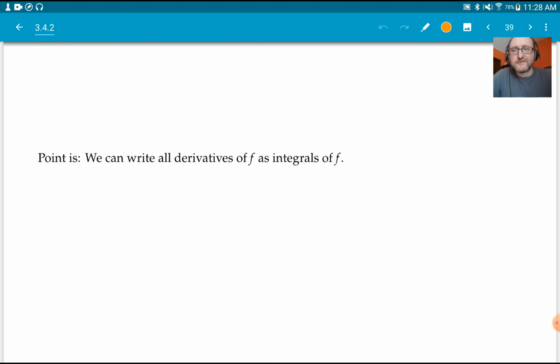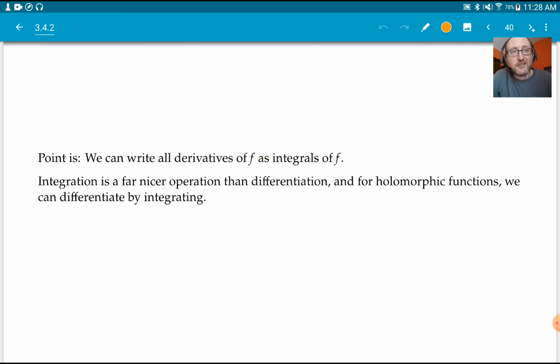All right. So as I said, the point is that we can write all the derivatives, including f itself, as integrals of f over some circle. So you can get at the derivatives by integration, and integration is much nicer.